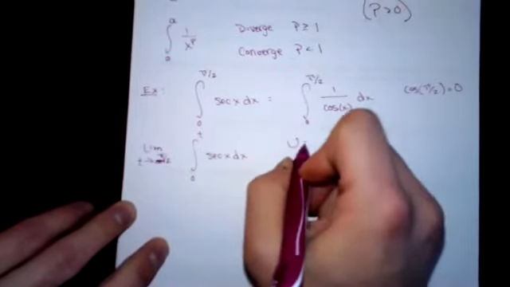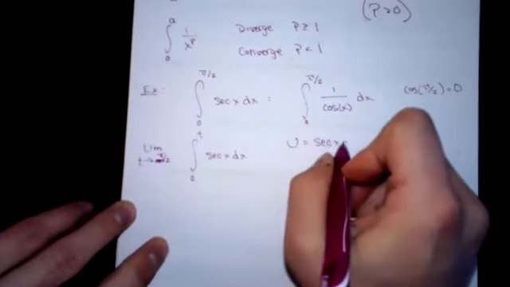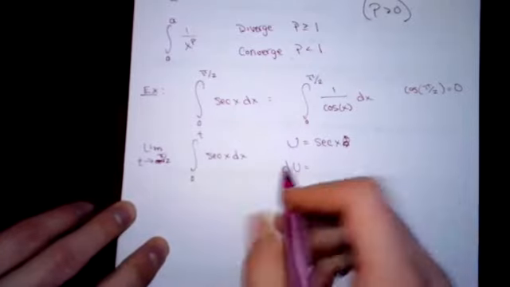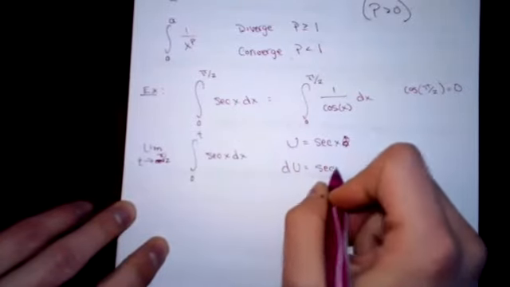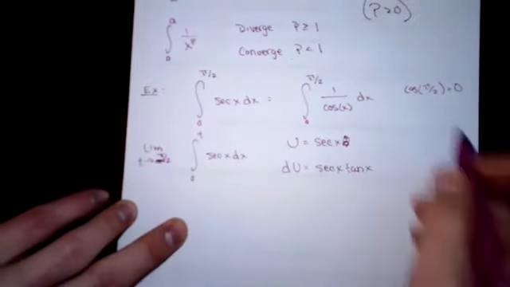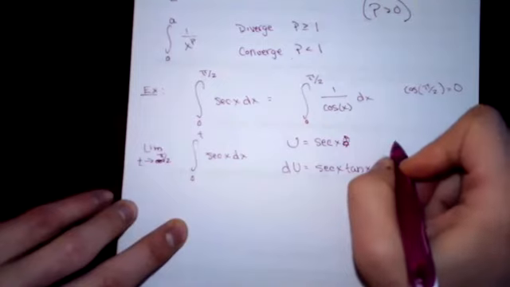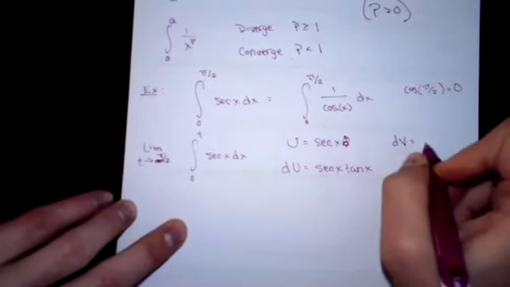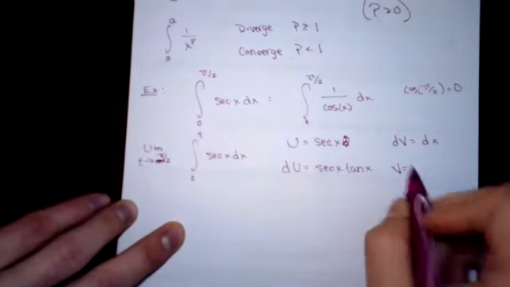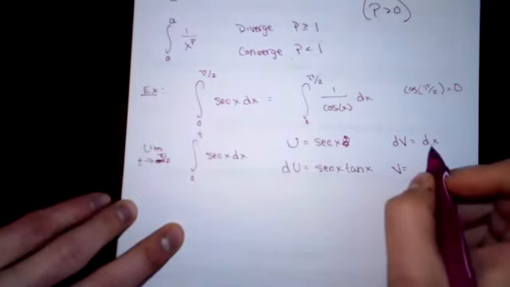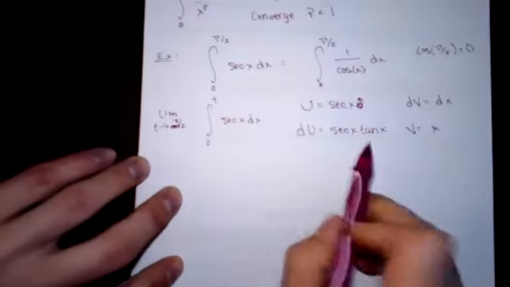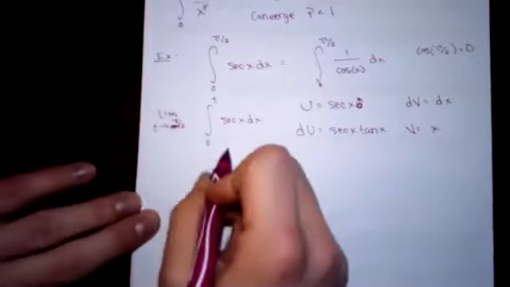So we've got our u is secant of x. Because I don't know how to integrate secant, I can take its derivative and get secant tangent x. And then we've got our dv is just dx, and then v is x. Yeah, so maybe we'll get a secant tangent.